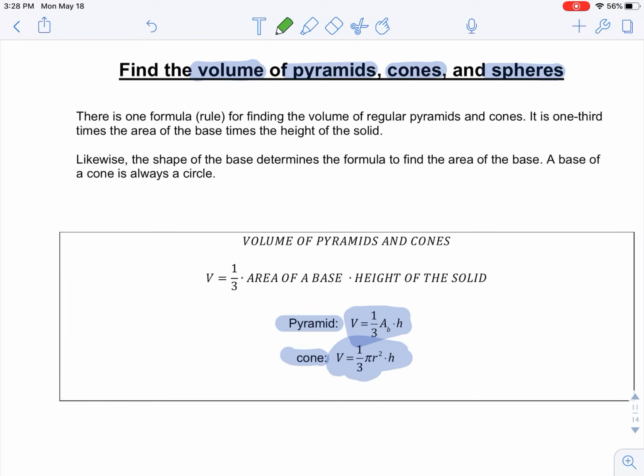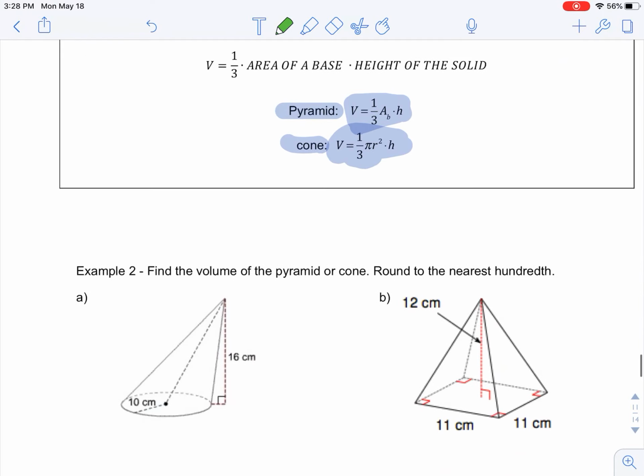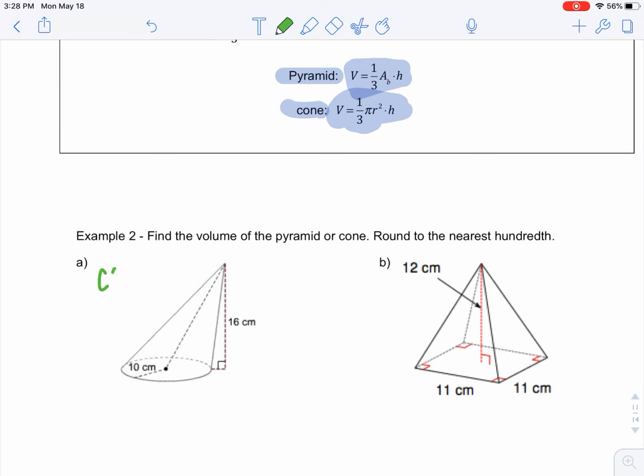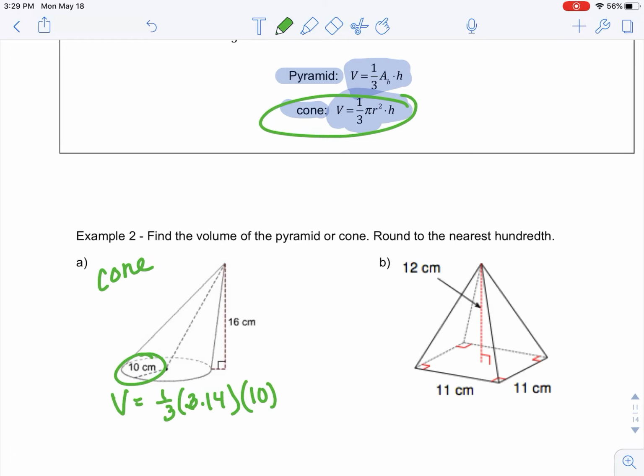All right, so let's go ahead and practice. So this is obviously a cone. So I'm going to use this bottom formula here. 1/3 pi, we know pi is 3.14. The radius was down here. And it's radius squared, and then that's my height.